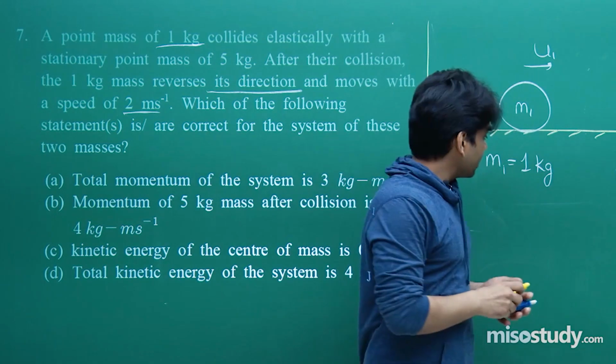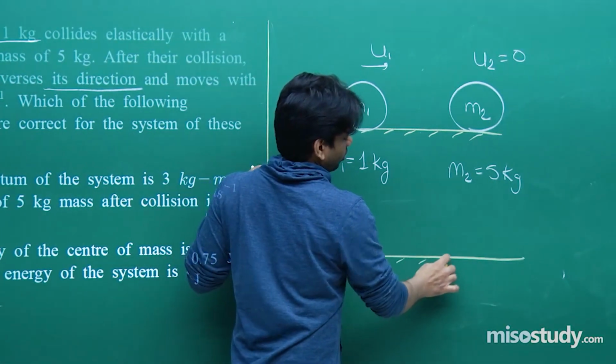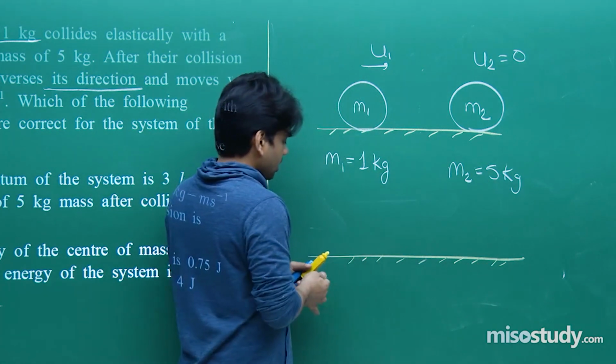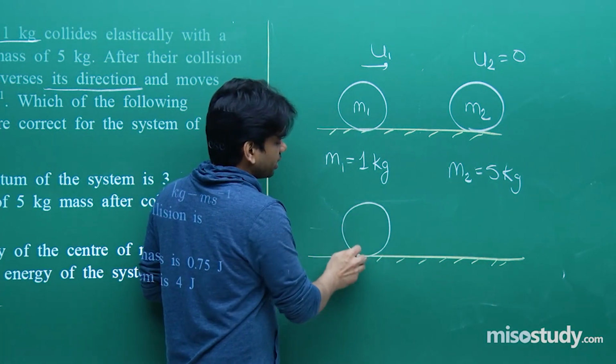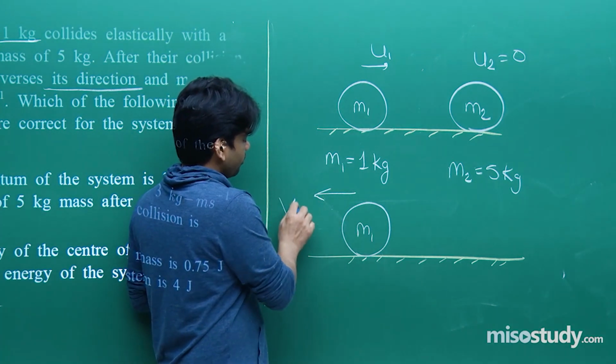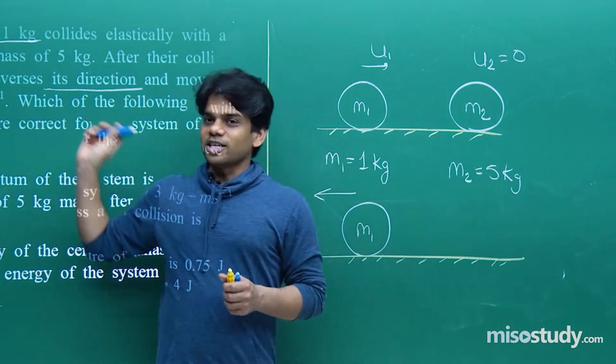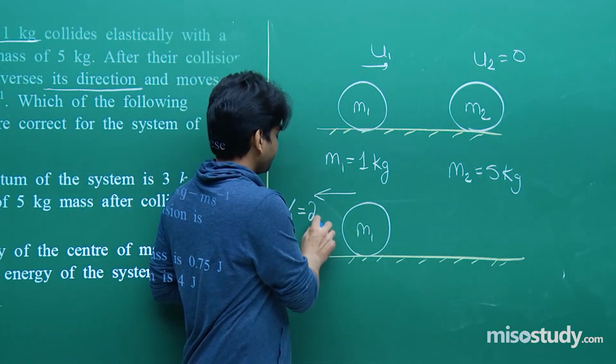This is the second important point. So after collision, if I draw the situation, see here, this first body, of mass 1 kg, moves in the opposite direction with a velocity v1, that is given as 2 meter per second, as you can see in this statement.